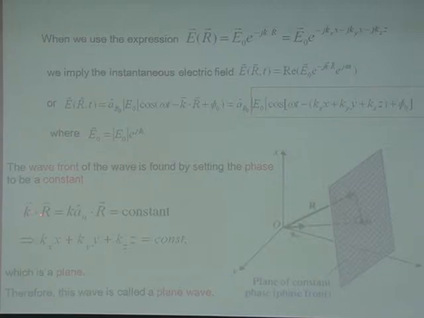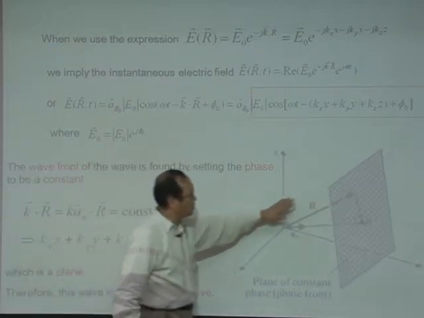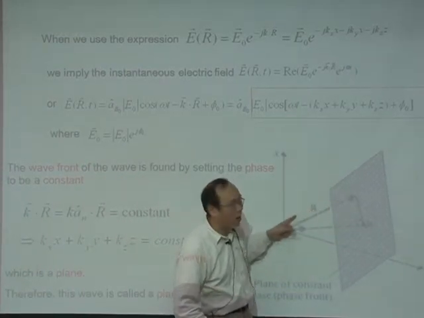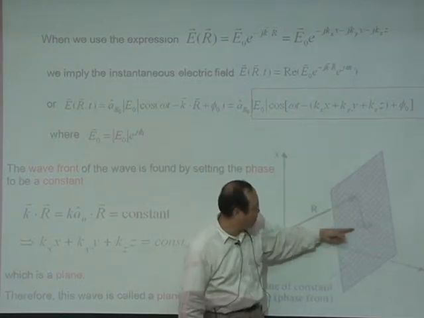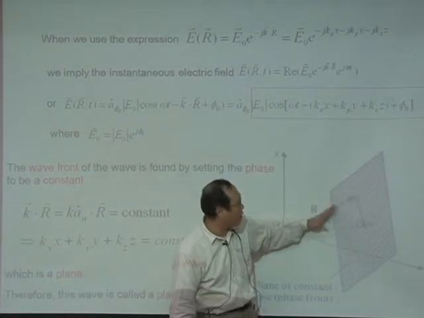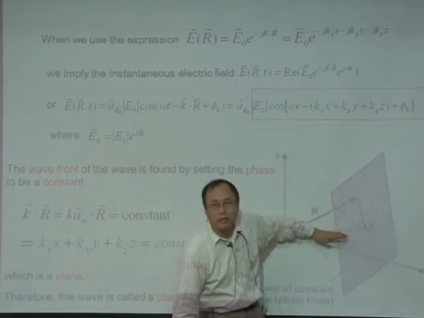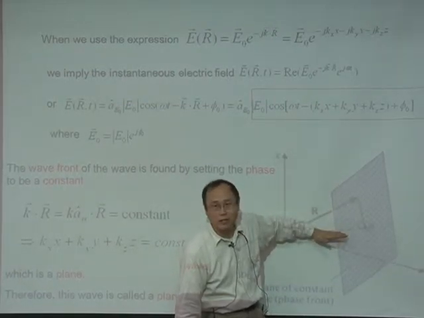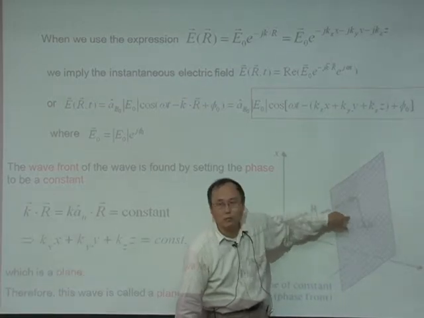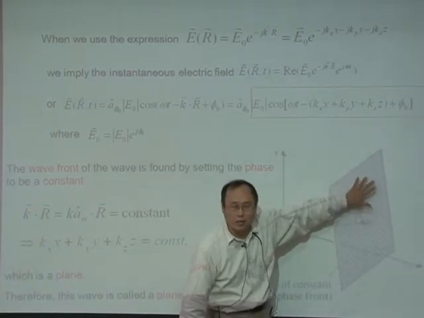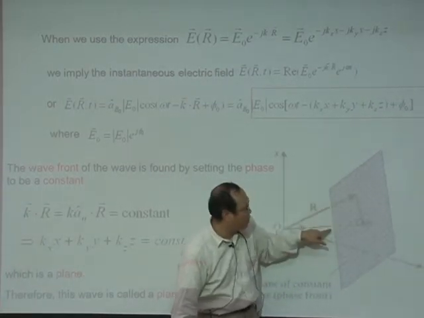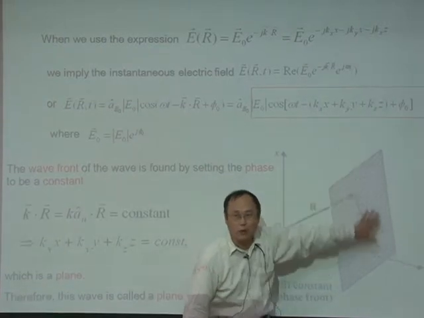Okay, so geometrically k dot r equal to a constant is a plane like this. Because any position on this plane is r, and k is along some direction. k dot r is the projection of this r onto this axis. It's a constant. Then every point with k dot r a constant is going to form a plane.